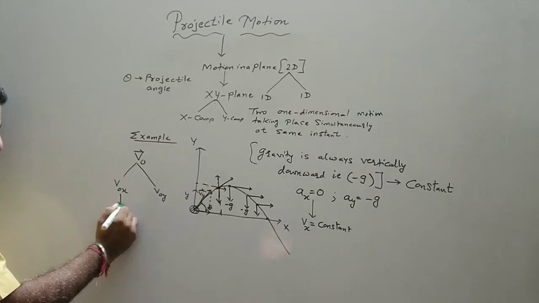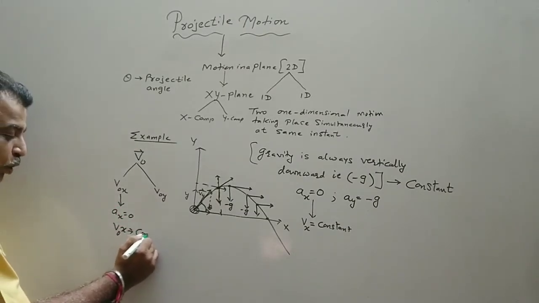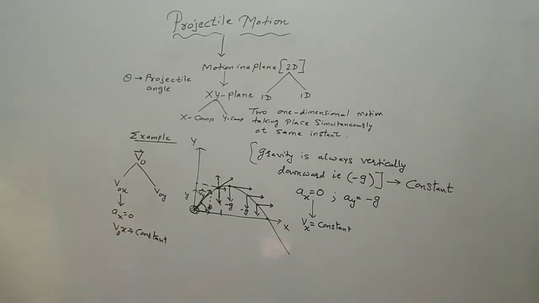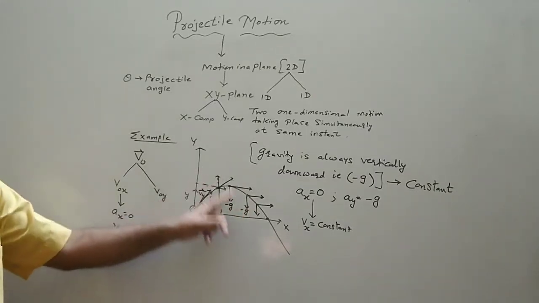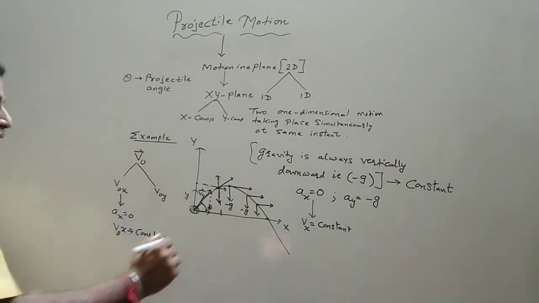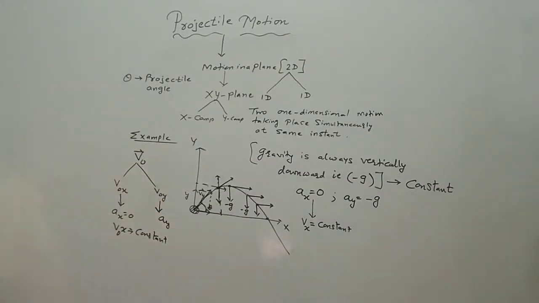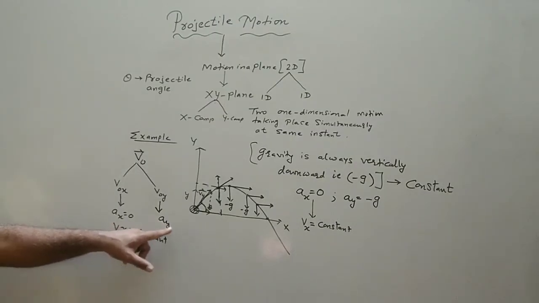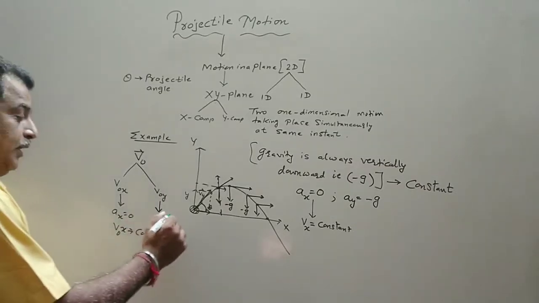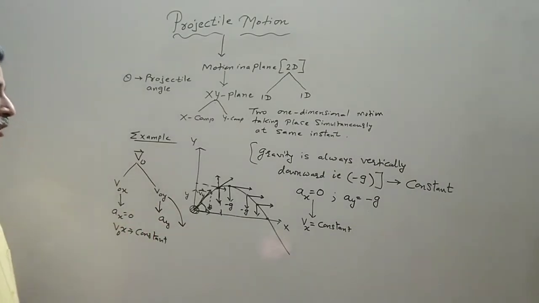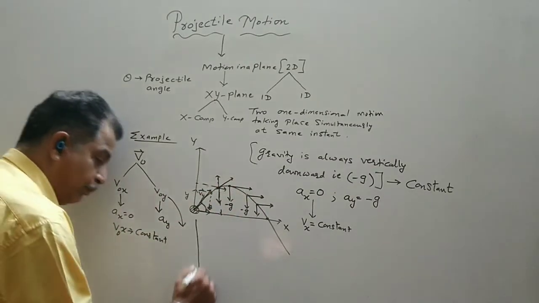And because ax is 0, v0x will always remain constant whatever the position of the object at any instant. Whereas the vertical velocity, because acceleration due to gravity has a vertical component that is fixed at minus g, has an acceleration. So the velocity starts at v0y, but at different instants it will keep on changing.